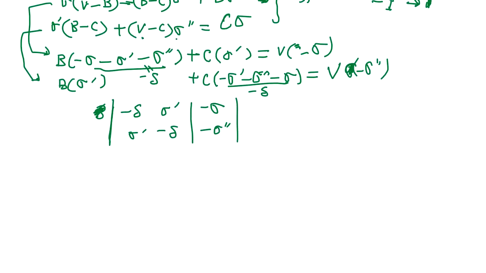So we're going to solve this equation. So we divide by initially minus delta, right? So it's going to be 1 minus sigma over delta, and we divide this by sigma prime, 1 minus delta over sigma prime and sigma double prime over sigma prime.